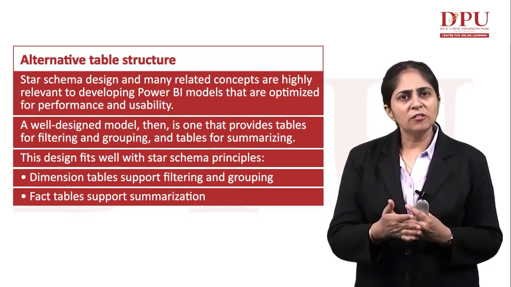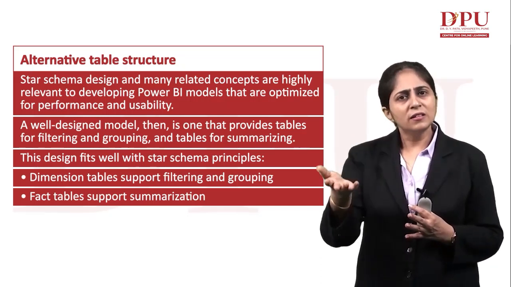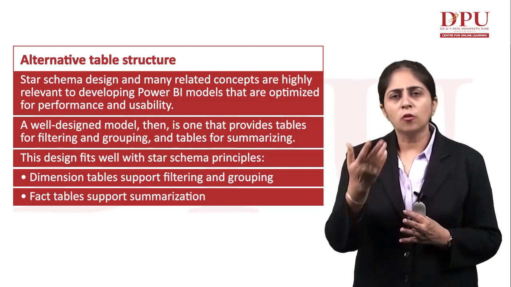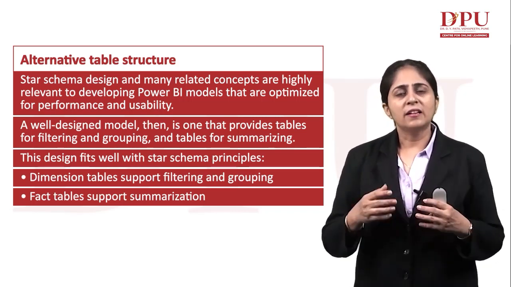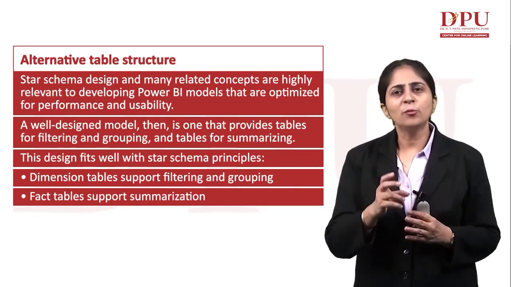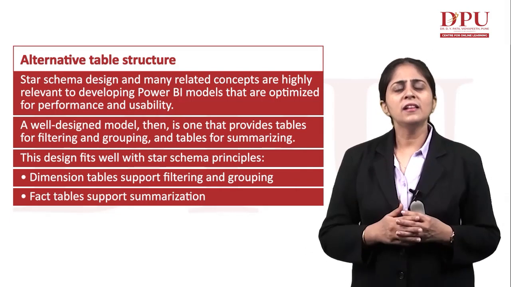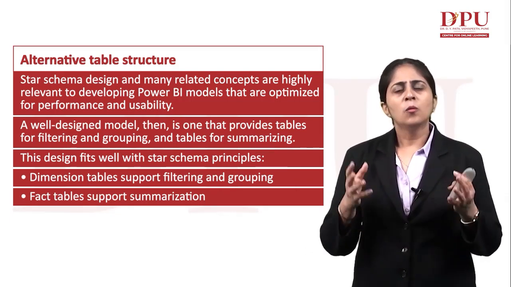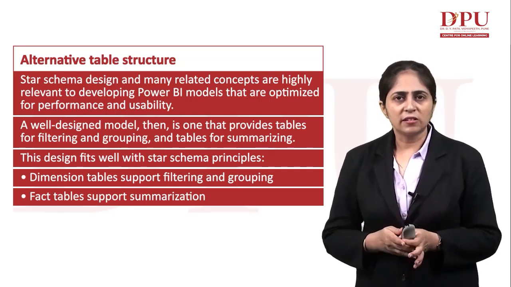We can use the dimension table and the fact table for filtering our data, for grouping our data, or for summarizing our data. And it is the cardinality property that will determine the table type.